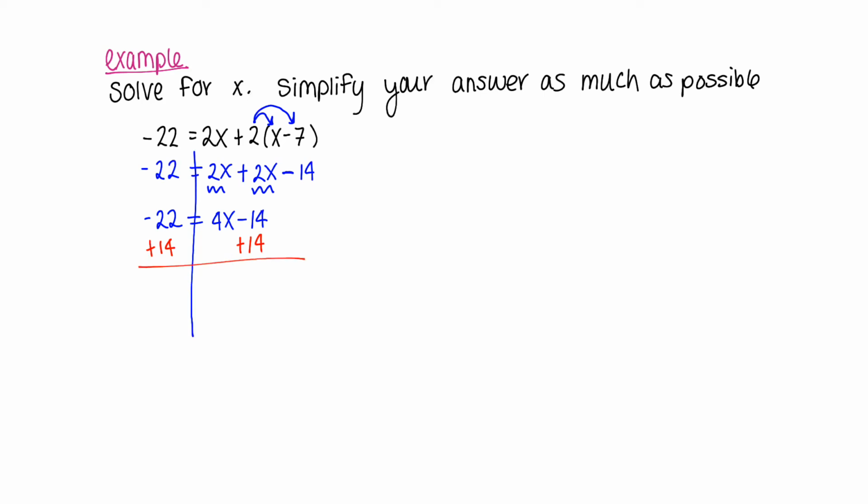Negative 22 plus 14 is going to give you negative 8, and you can use your calculator for that, no big deal. The 4x comes down. Let me just cross that out so you know that those cancel. Negative 8 equals 4x. To get the x completely by itself, I'm going to divide both sides by 4. Negative 8 divided by 4 is negative 2, equal to x, which is the same statement as x equals negative 2.